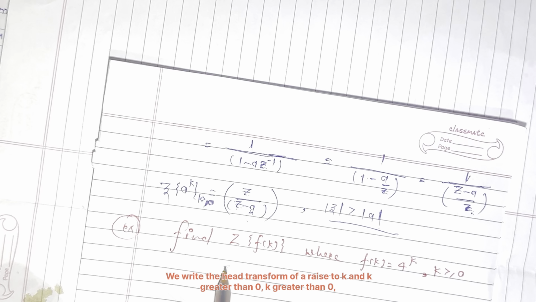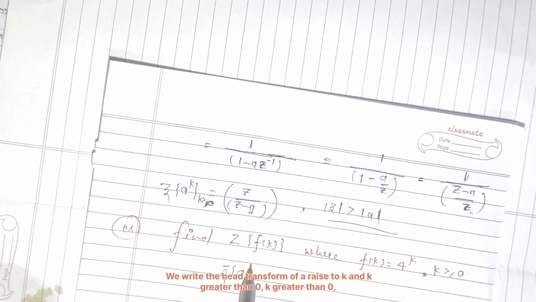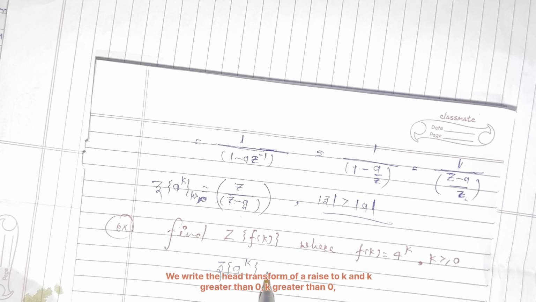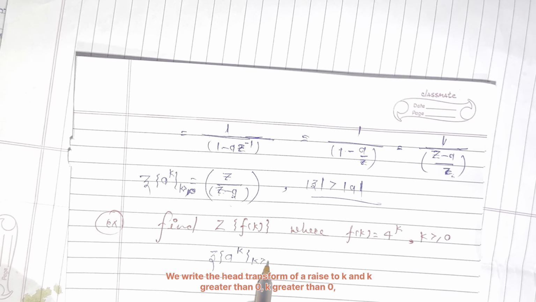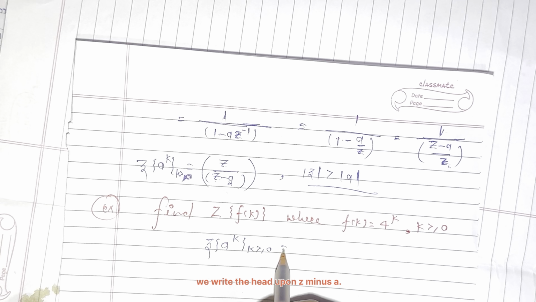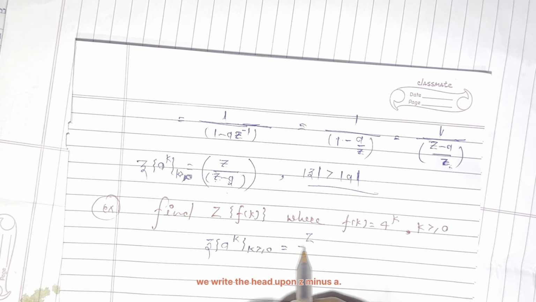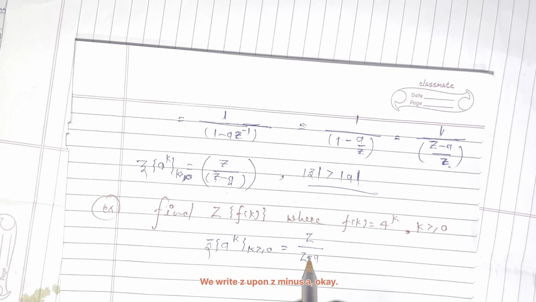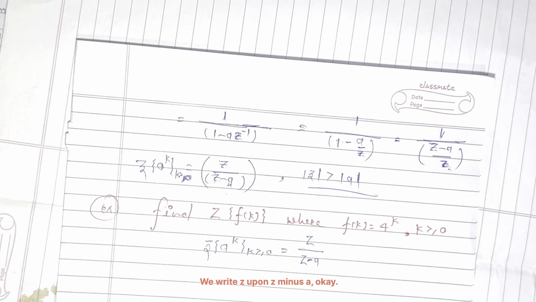We write the z transform of a raised to k, k greater than 0, as z upon z minus a. So replace f of k with 4 raised to k.